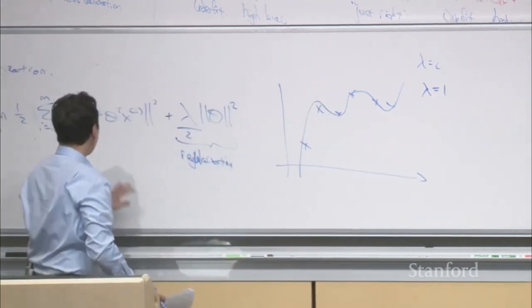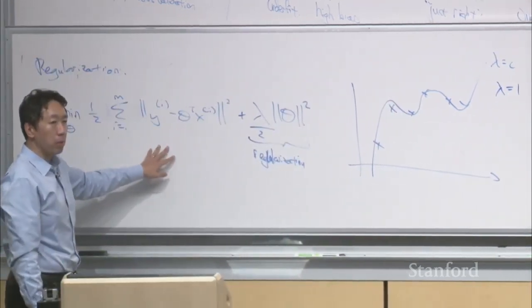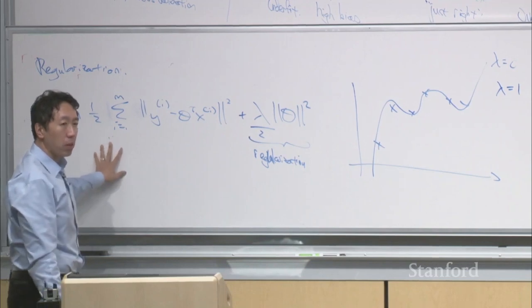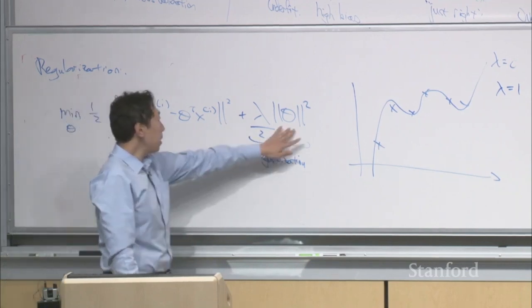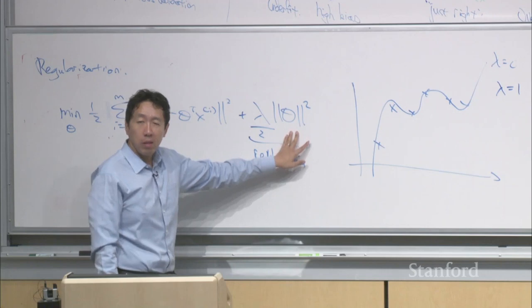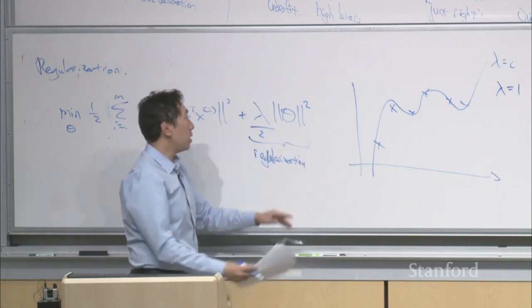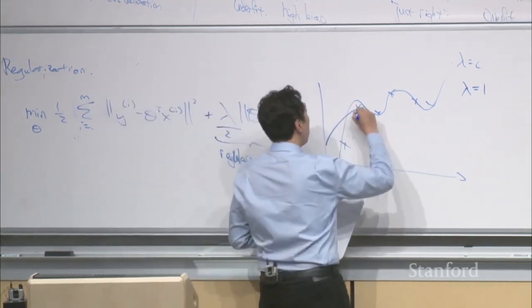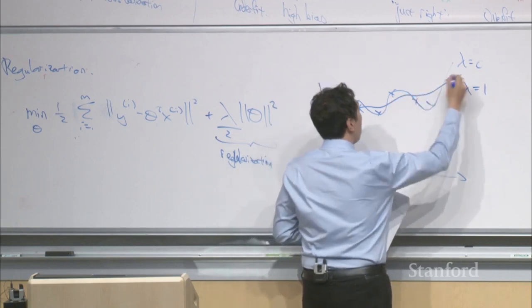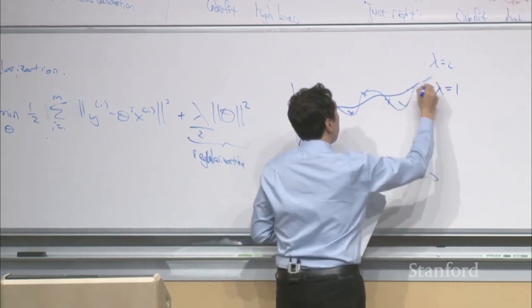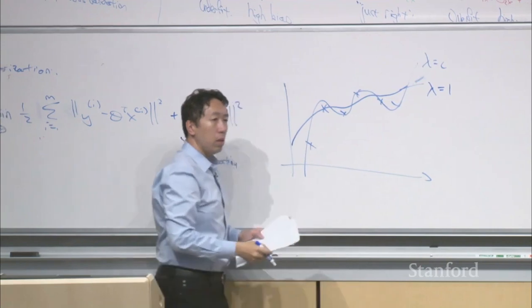Then when you solve this minimization problem for the value of theta, this term penalizes the parameters being too big. And you will end up with a fit that looks a little bit better, maybe like that.